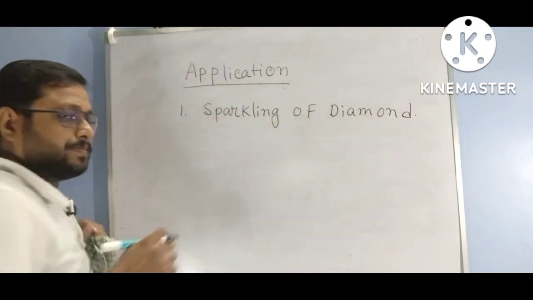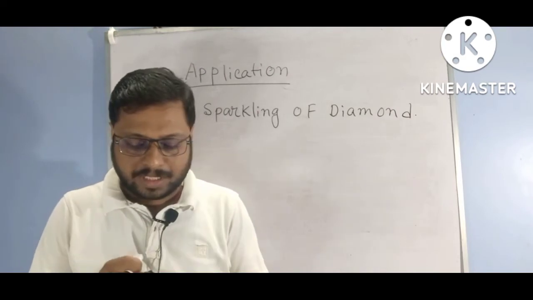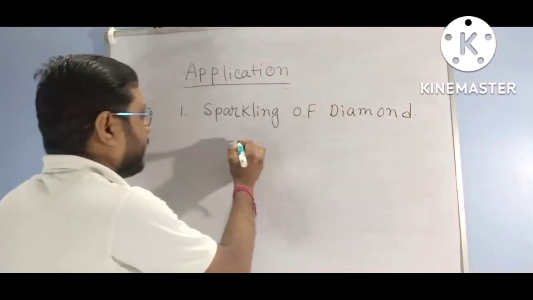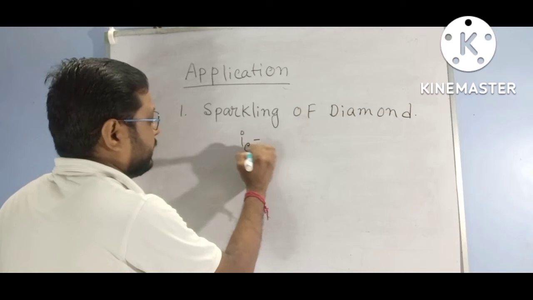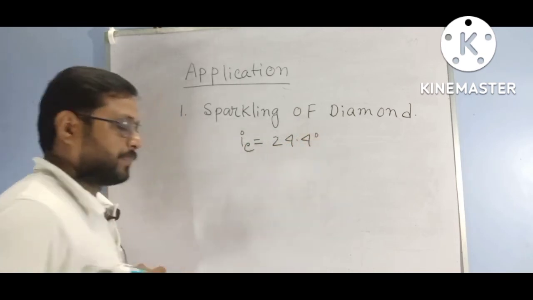Diamond has a very small critical angle. That is, IC equal to 24.4 degree for diamond.